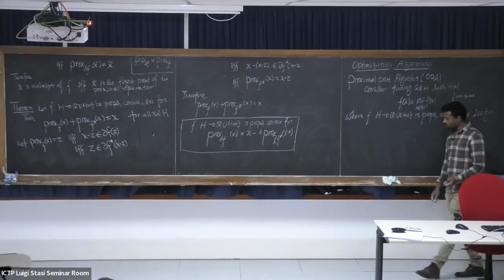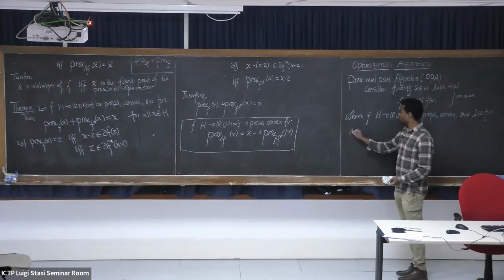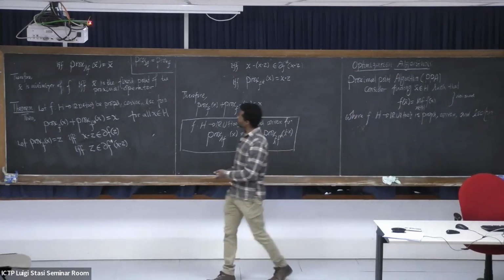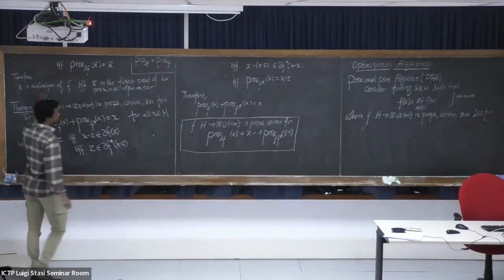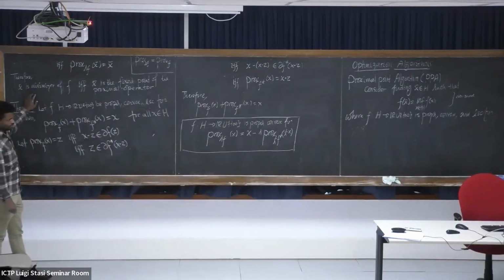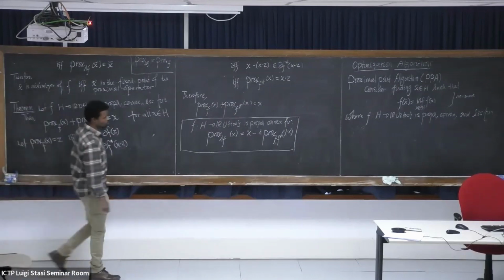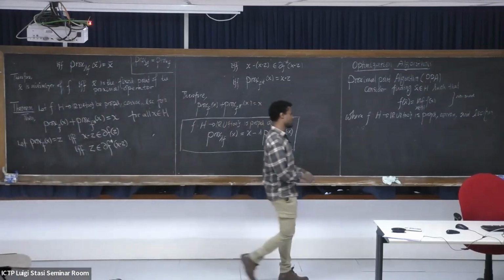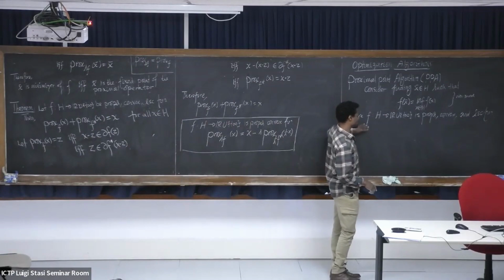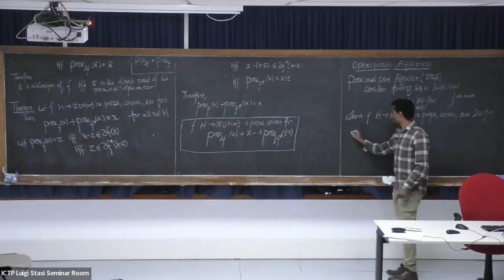So we know that x is a minimizer of f. If it is a minimizer of f, it is a fixed point of the proximal operator. So the proximal point algorithm is this one.